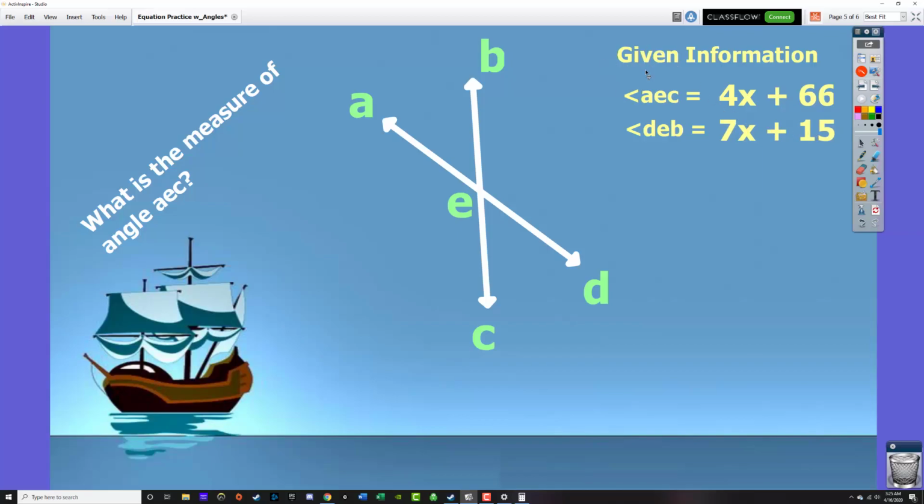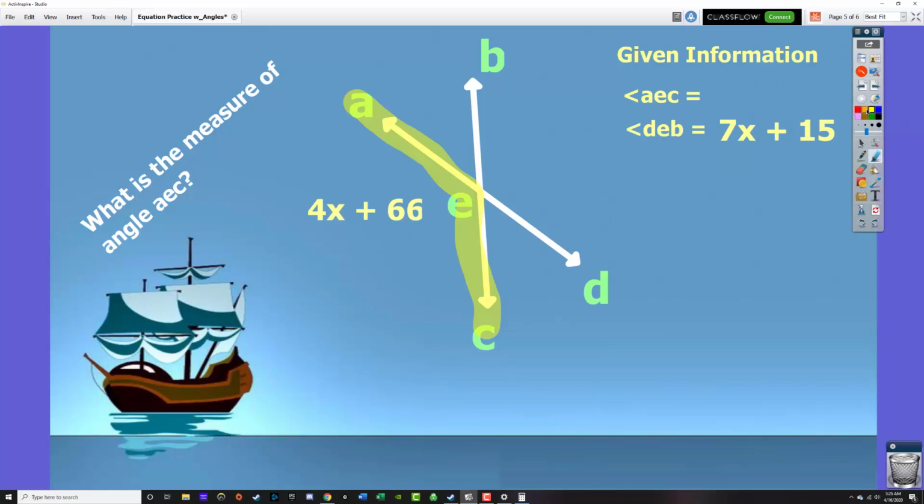So let's take a look here at our given information. We know that angle AEC, which is this one right here, is equal to 4x plus 66.